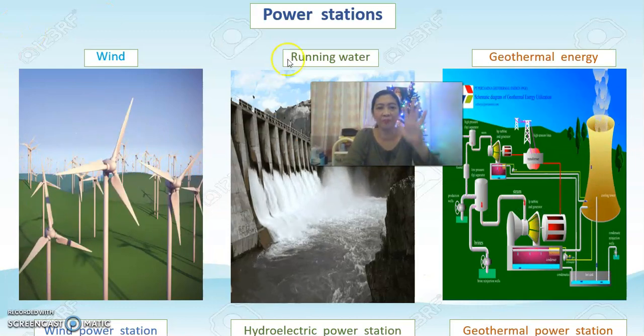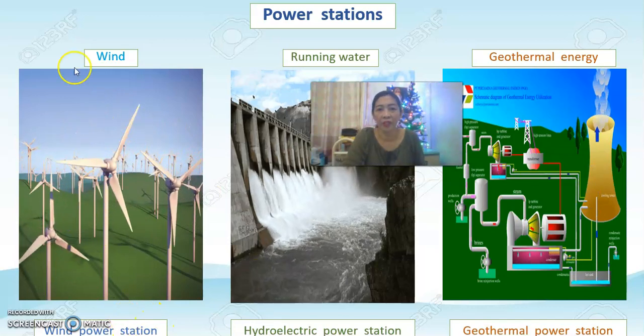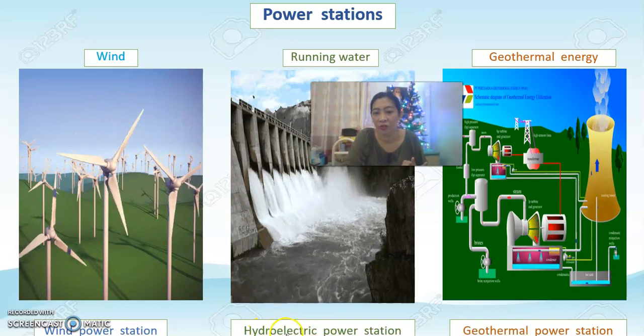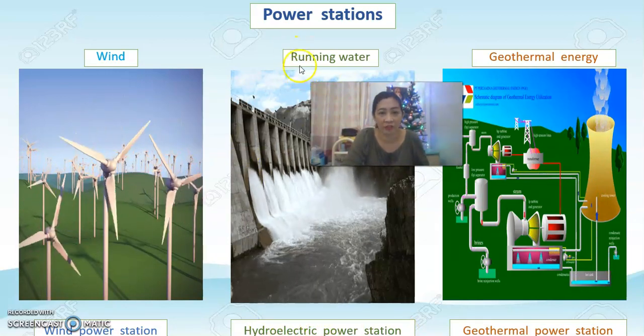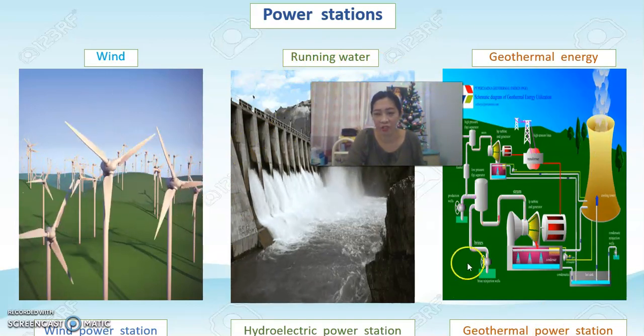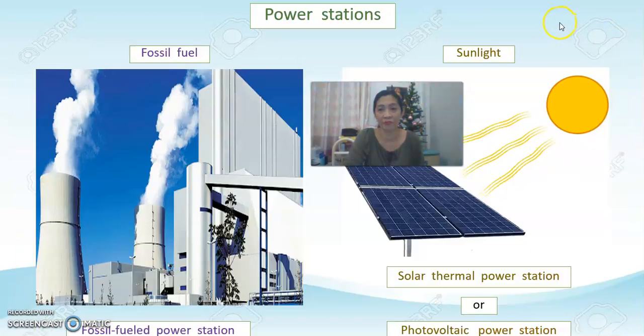Again, number 1 is wind power station, and the energy source is wind. Number 2 is hydroelectric power station, and the energy source is running water. Number 3 is geothermal power station, and the energy source is geothermal energy. Number 4 is fossil fuel power station, and the energy source is fossil fuel.